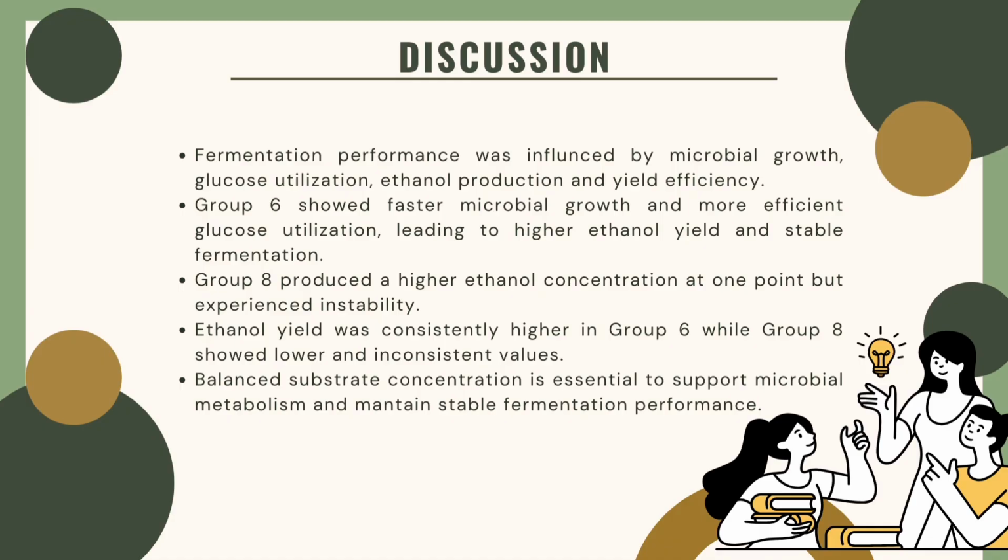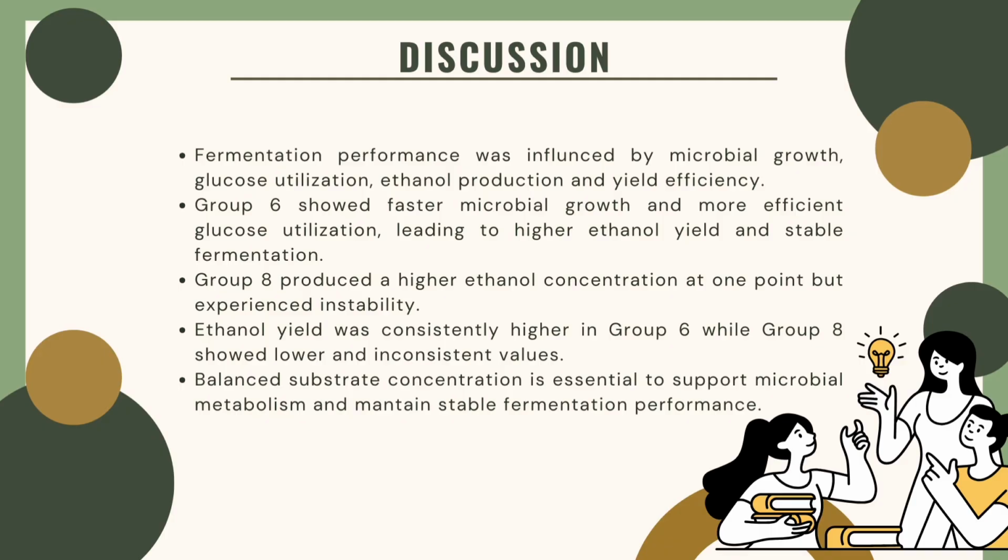Group 6 produced a lower ethanol concentration but maintained a stable fermentation profile, which is more desirable for consistent bioethanol production. The ethanol yield result emphasized efficiency. Group 6 converted glucose into ethanol more effectively, reaching a yield of 3.9955 by the end of the fermentation.